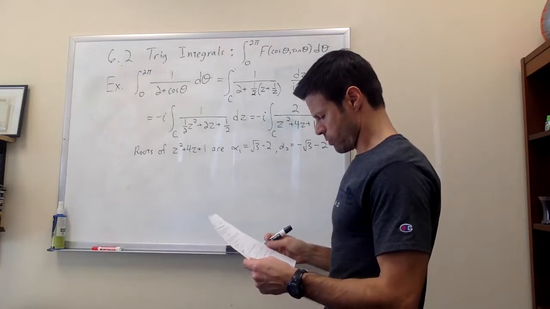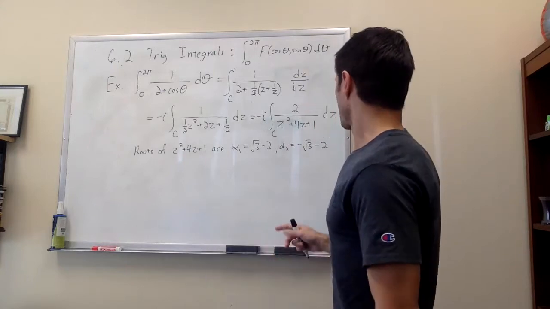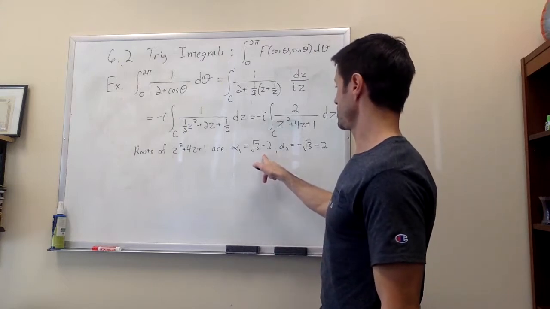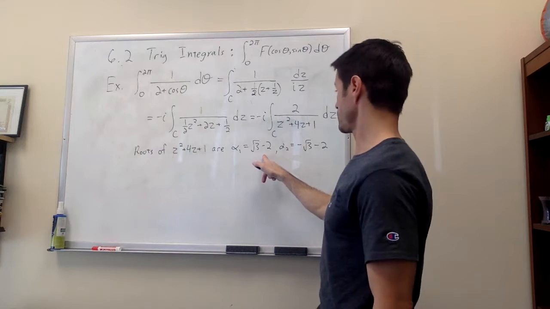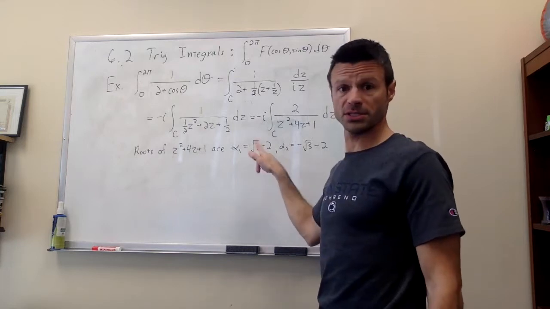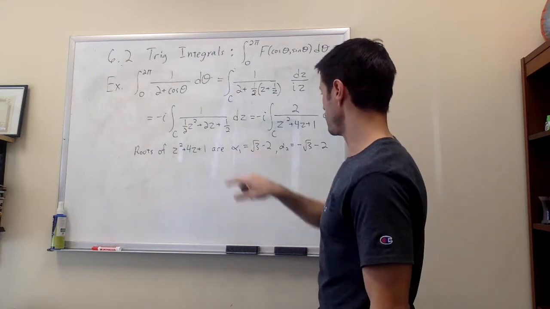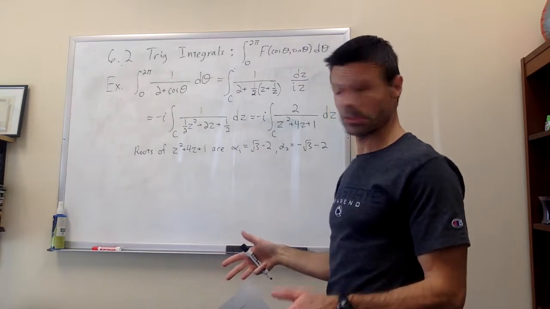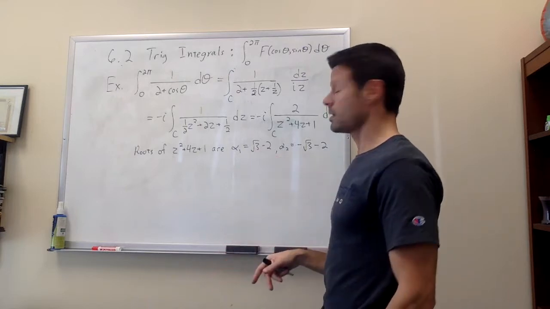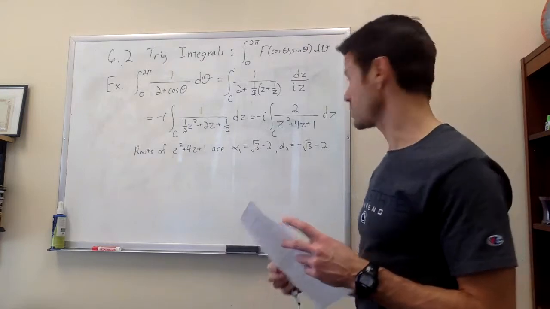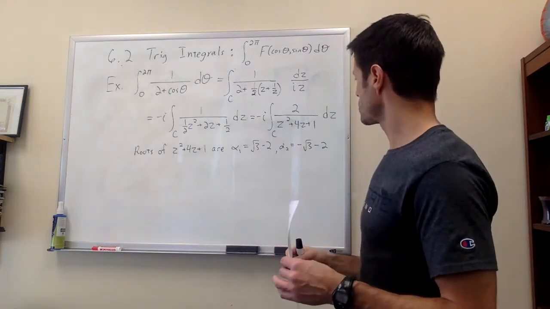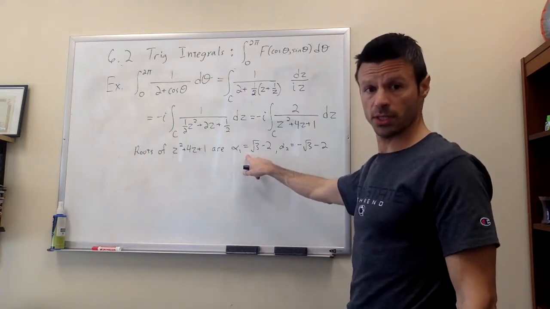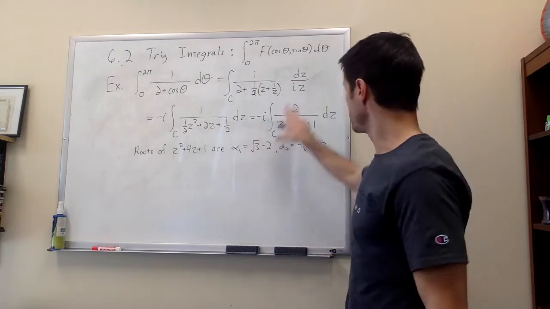We have to determine if any of these roots are inside the unit circle. Alpha 1 has magnitude less than 1, so it's inside the unit circle. But alpha 2 has magnitude greater than 1, so it's outside of the unit circle. So we need to find the residue at alpha 1 for the integrand.